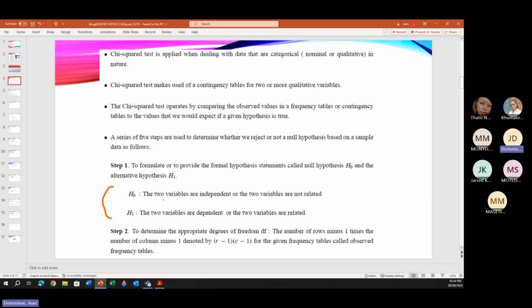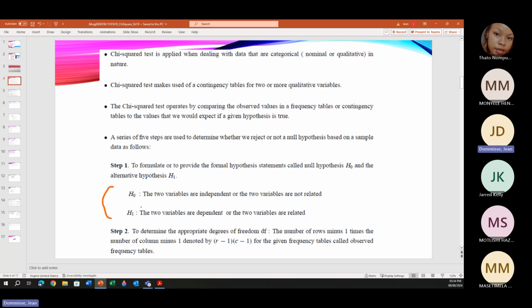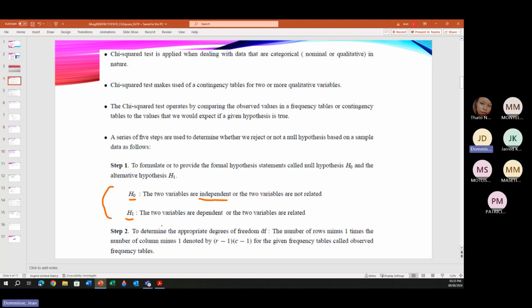The null hypothesis states the two variables are independent of one another, and your alternative will always be that the two variables are dependent.